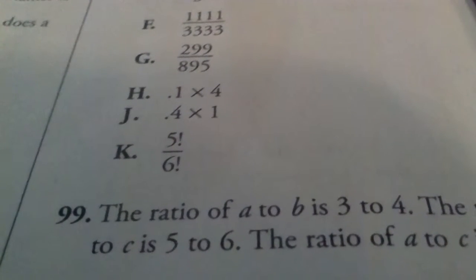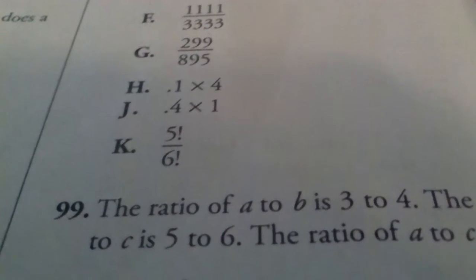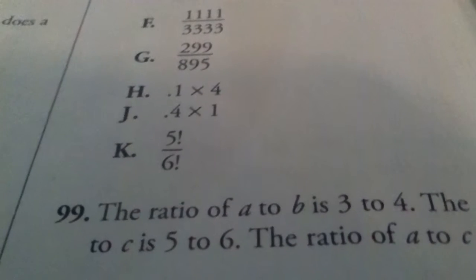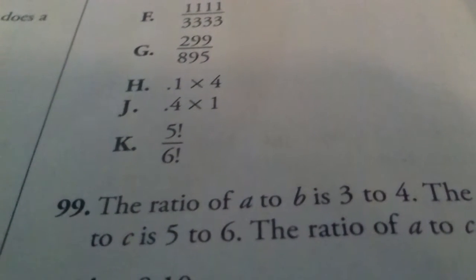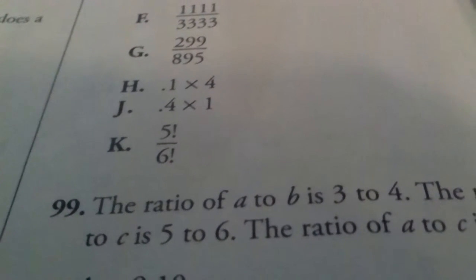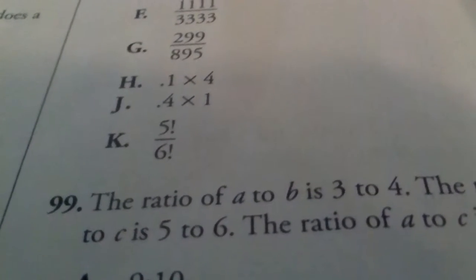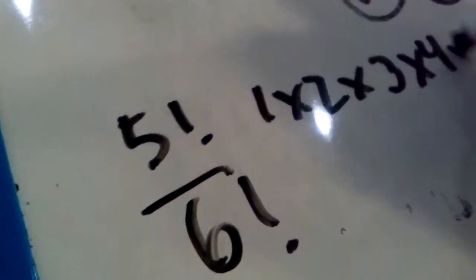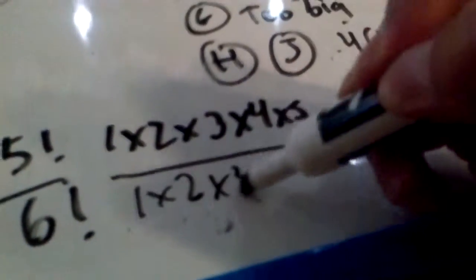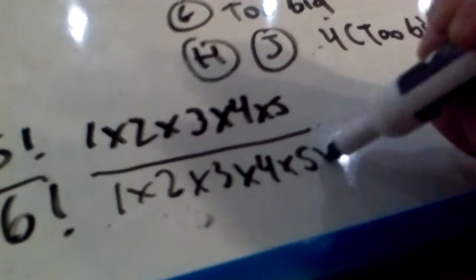What does that mean? Now, we know this is the right answer because of the process of elimination, but we actually once did study these things. They're called factorials. Whenever you see that exclamation point, it means you have to get every number before 5 and multiply them together. So when you see this, it means this: 1 times 2 times 3 times 4 times 5 over 1 times 2 times 3 times 4 times 5 times 6.